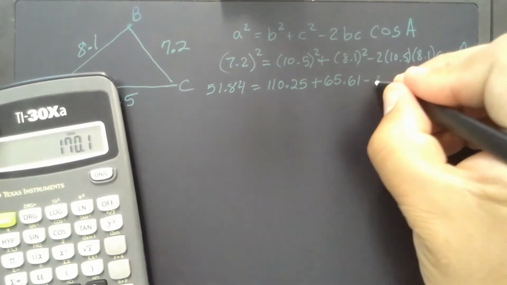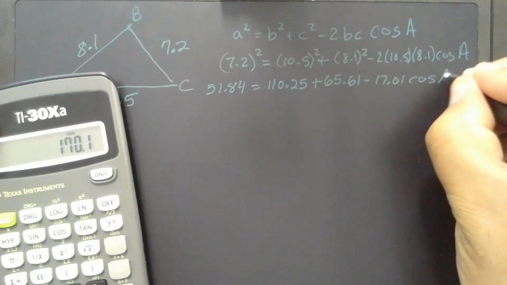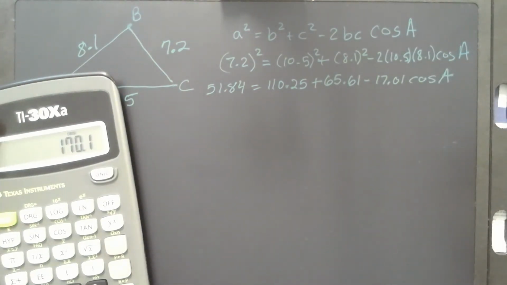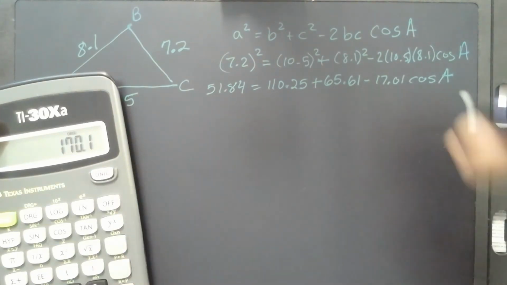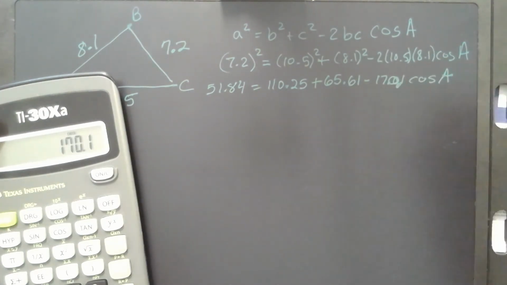This will be minus 17.01. 170. Correct? No, it's 170, not 17. Is it one? Oh, my bad. You're right. 170.1. Thank you.